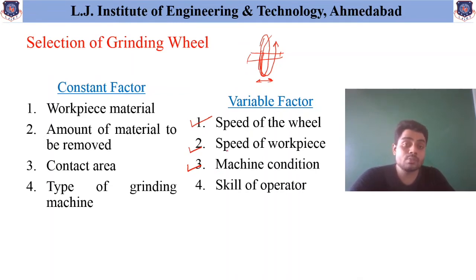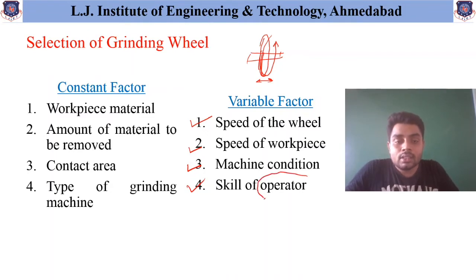So depending on machine condition, one also needs to select the grinding wheel. And the last factor is the skill of the operator, which may result in the required surface finish or another, unwanted surface finish. Even after setting all the constant and variable factors, how the operator uses the grinding wheel or operates the machine is also an important parameter which results in a better surface finish of the material.